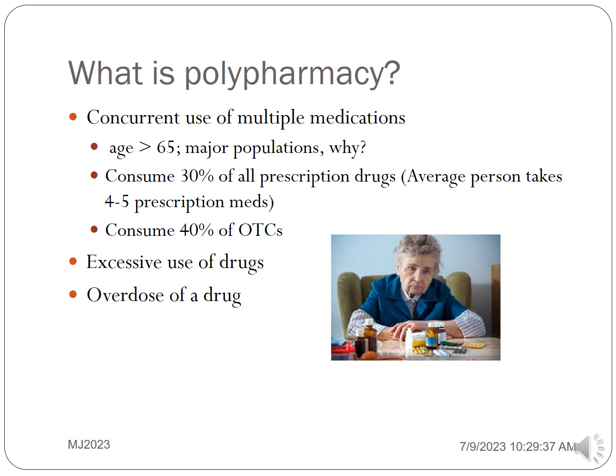So these are normally common among older adults above 65, which is the major population taking polypharmacy. Why? Because old age is normally associated with many disorders, chronic diseases, and also geriatric syndromes. And they consume about 30% of all prescriptions.